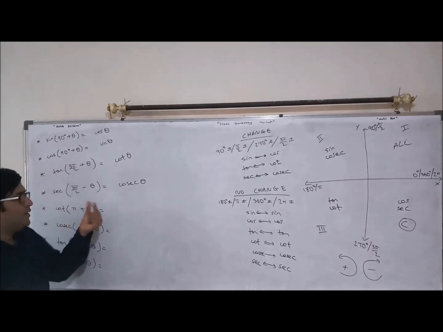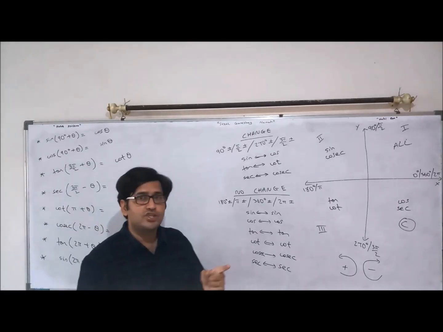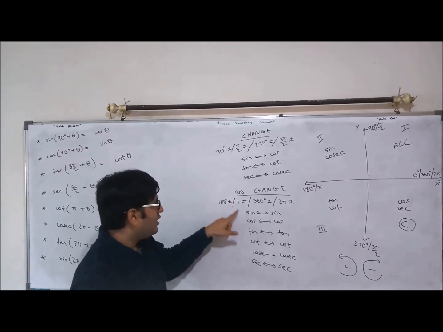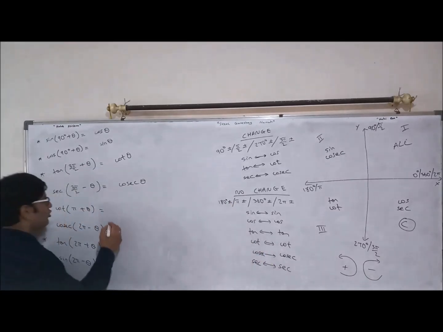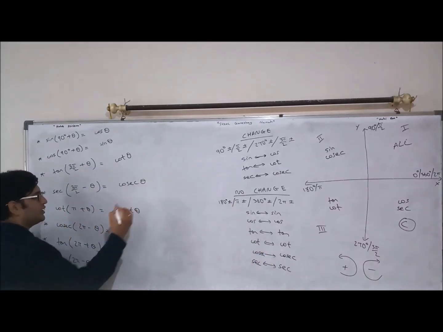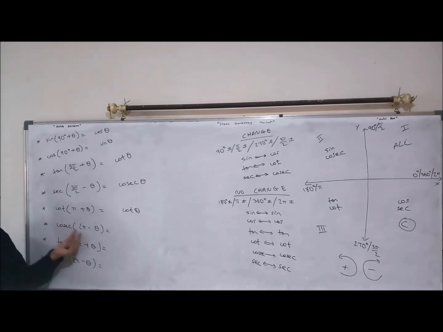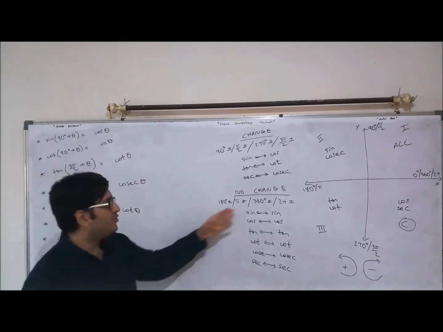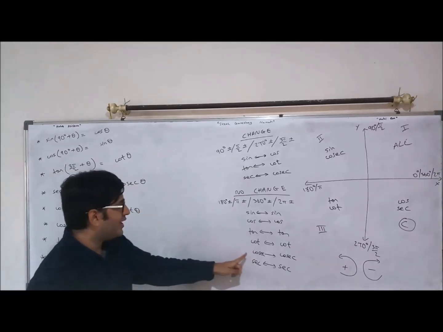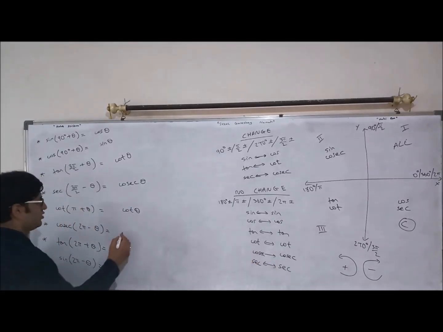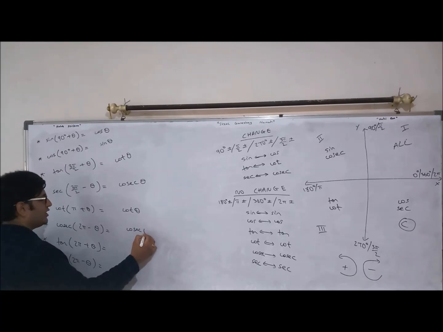फिर cot पाई प्लस थीटा, पाई में चेंज और नो चेंज? नो चेंज, तो पाई में cot रिमेन्स cot, तो आई एम गोइंग टू राइट डाउन द आंसर cot theta. ओके, cosec 2 पाई माइनस थीटा, 2 पाई में वापस देयर इज नो चेंज. ओके, सो cosec रिमेन्स cosec, so your answer is cosec theta.